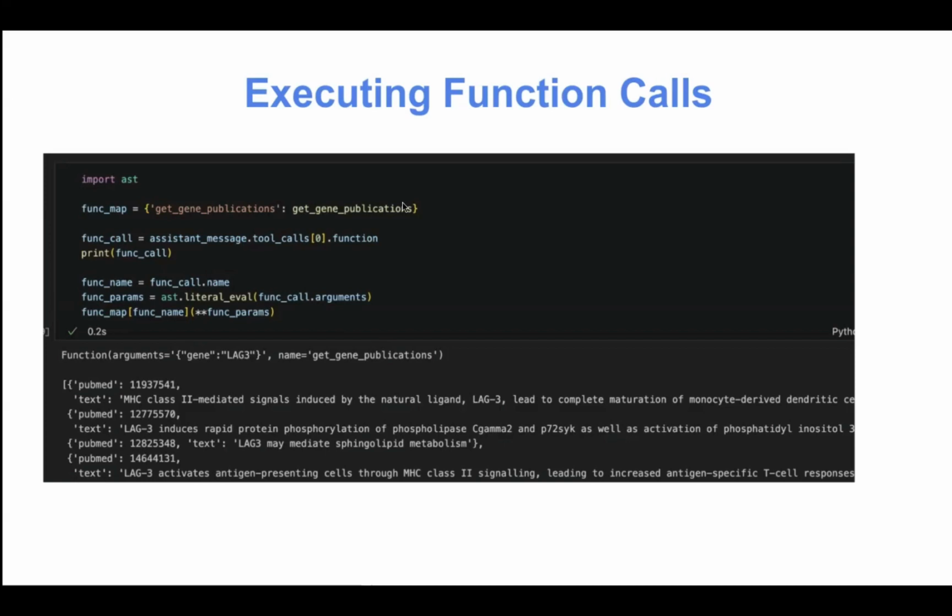There's a few different ways to do this, but here I'm just going from the string to the actual function that we've defined before. And then we can execute that function. At the bottom here, we have a bunch of PubMed IDs and then text where lag3 was mentioned. So you could see how this would be helpful, specifically in providing accurate information to the model. In this case, I'm just printing out the result, but you could actually take this output and give it back to the model, right? So then it has the context of what you've queried.